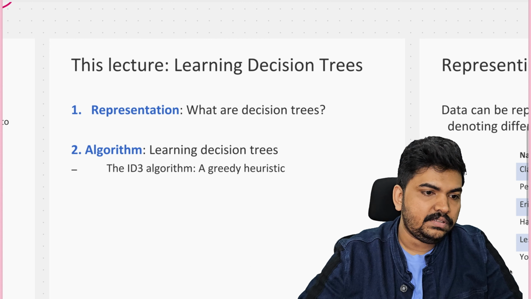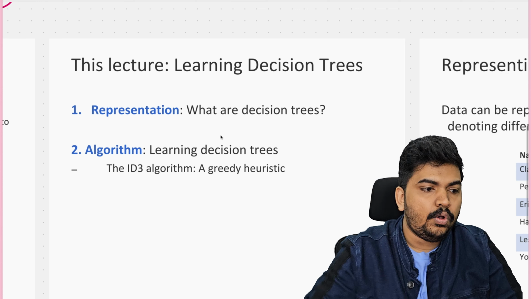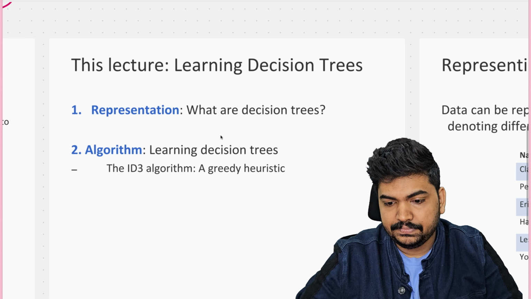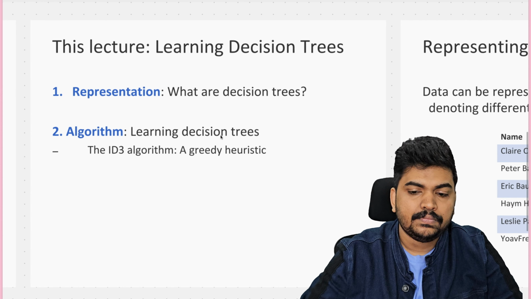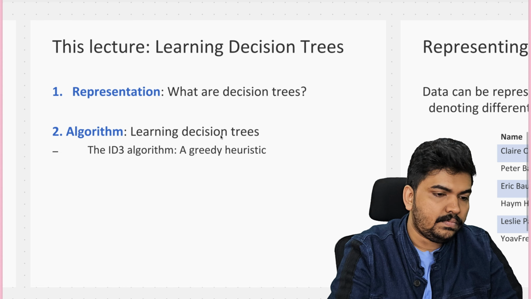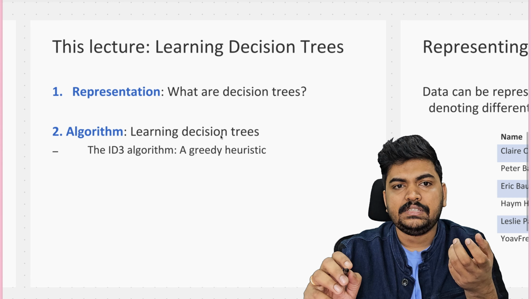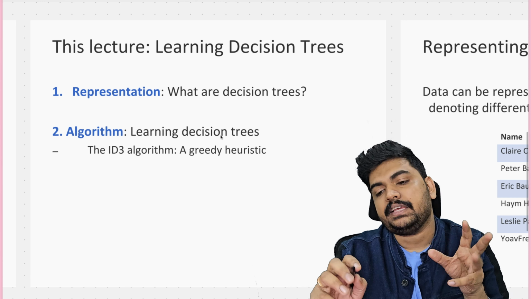To start with, the natural question that arises here is, what are decision trees? We can say that decision trees are a hierarchical data structure.